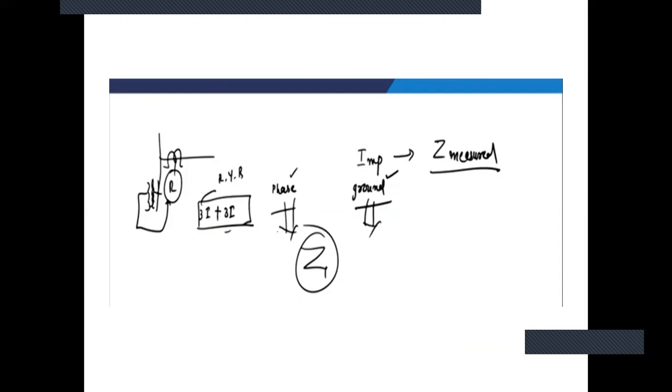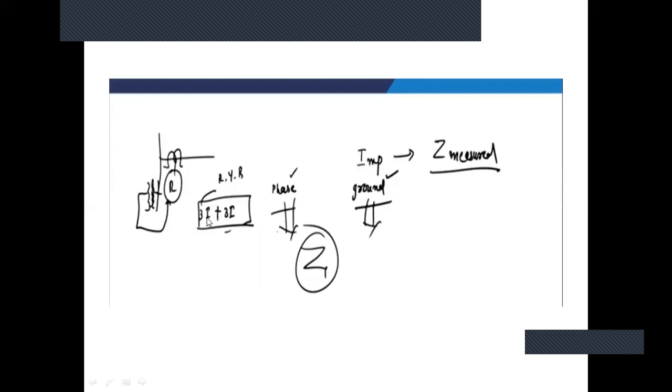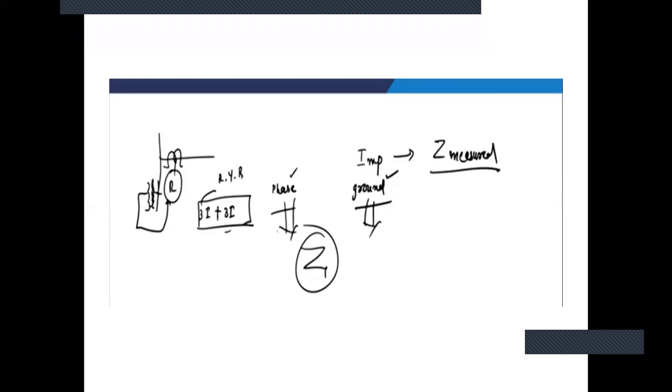These three currents are for red, yellow, and blue, and three voltages for each phase. So this is the bus, this is the transmission line, and CT and PT. CT is for measurement of the current, and VT for measurement of the voltage.